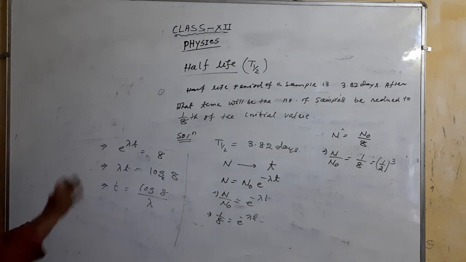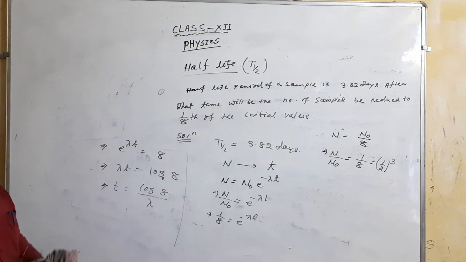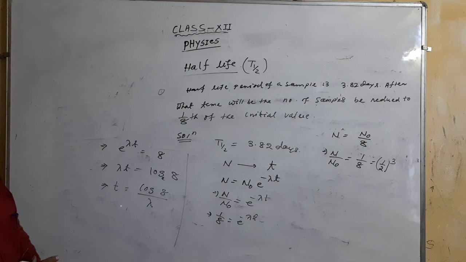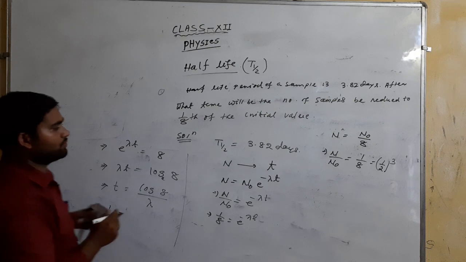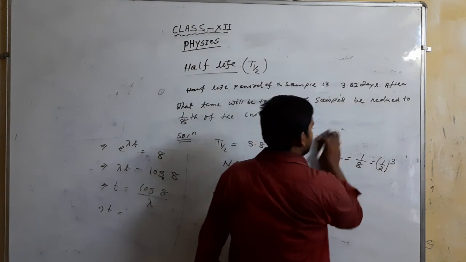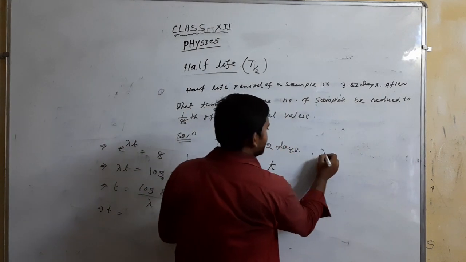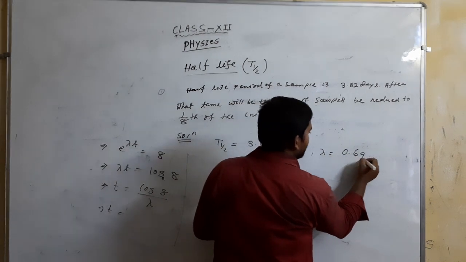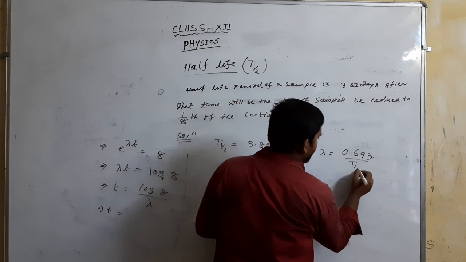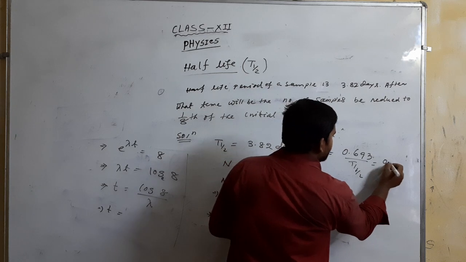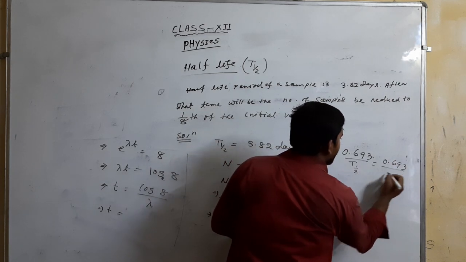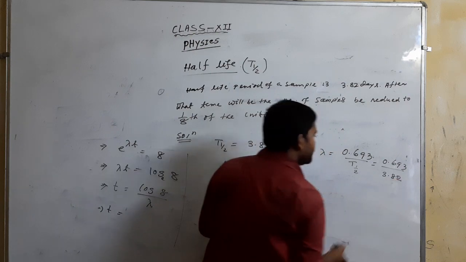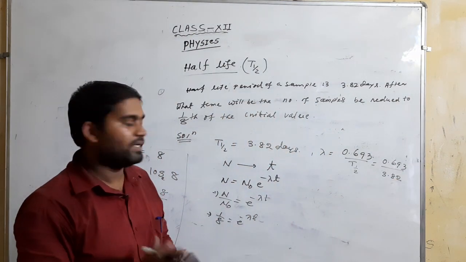Since the half life is given, we can easily calculate the decay constant: lambda equals 0.693 by t half, that is 0.693 divided by 3.82 in terms of day inverse.